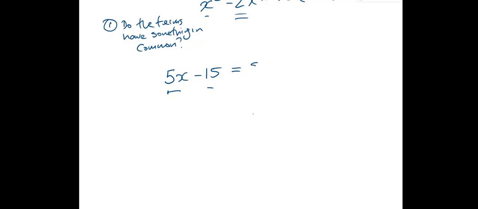So I'm going to take that 5 out. So 5 times what gives us 5x? Well, 5 times x is 5x. And then I'm going to say, 5 times what gives us negative 15? Well, it's going to be negative 3.